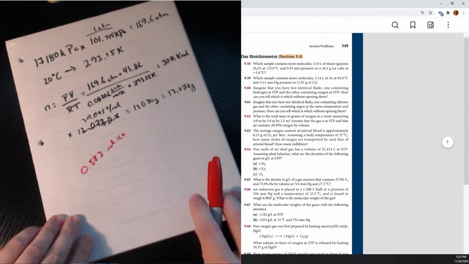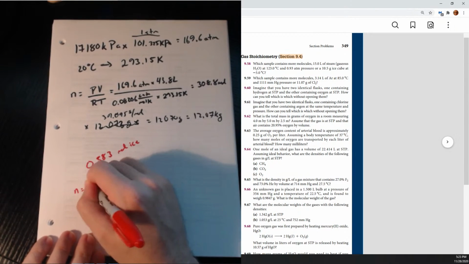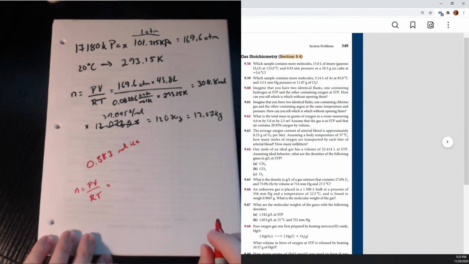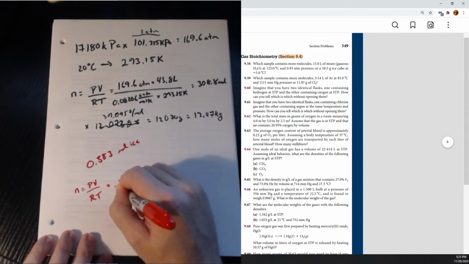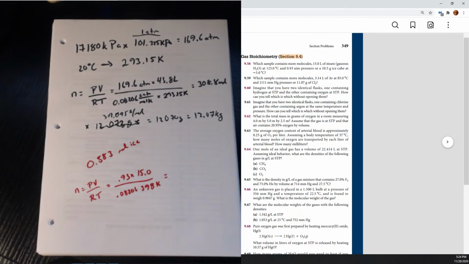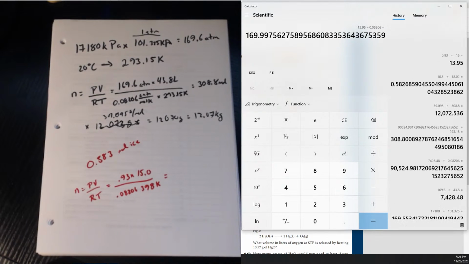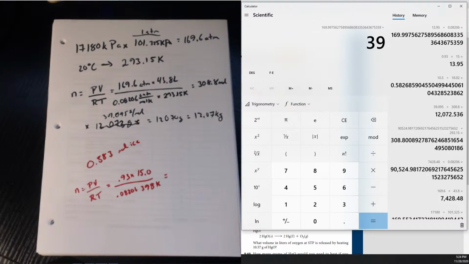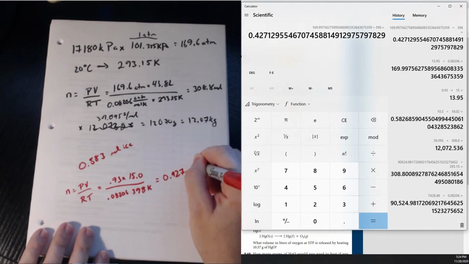They did not give us a mass, so we're going to have to use PV for that one. n equals PV over RT is equal to 0.93 times 15.0 divided by 0.08206 and 123 Celsius, which is 398 Kelvin. Okay, so that's 0.427 moles of steam.